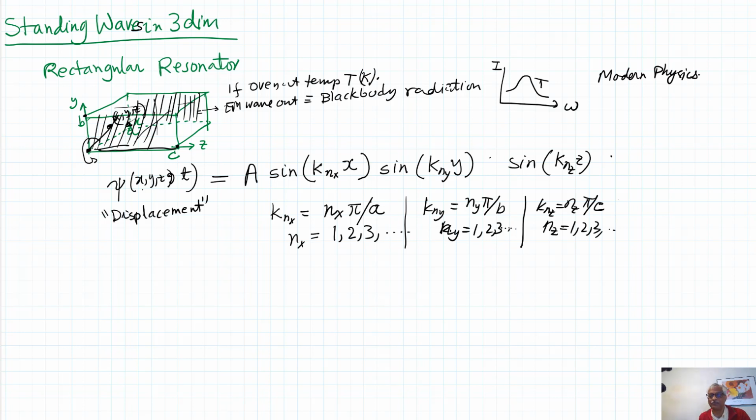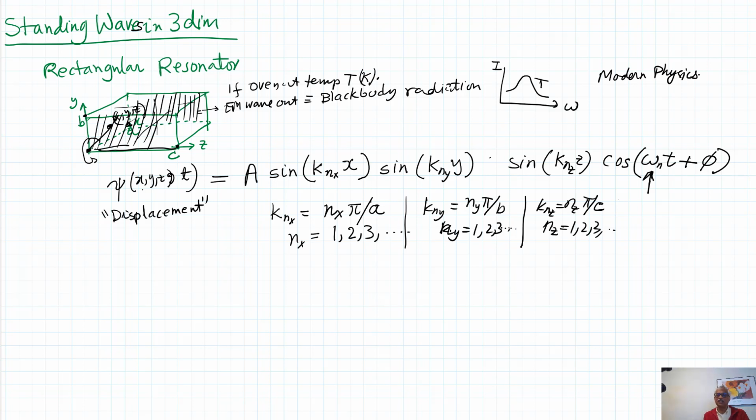And then I'm going to have cosine omega n t, and I'm going to have a phi, some kind of phase constant. All right, so what's the omega n going to be?